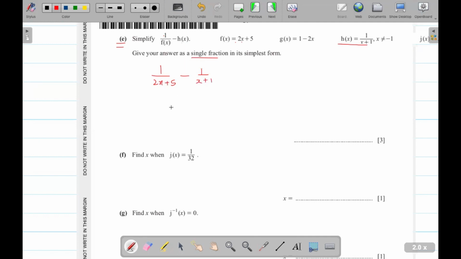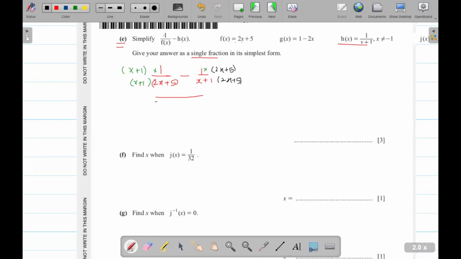and we can simplify this by making the denominator the same. We can make the denominator the same if we multiply the first fraction by x plus 1 in numerator and denominator both, and the second fraction by 2x plus 5 in numerator and denominator both.